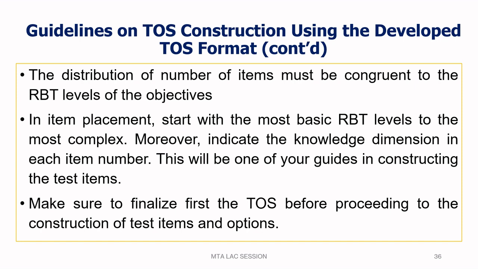But actually, we should not do that. It is because the number or percentage of items for a particular level should be dependent on the levels of the objectives in that particular topic.